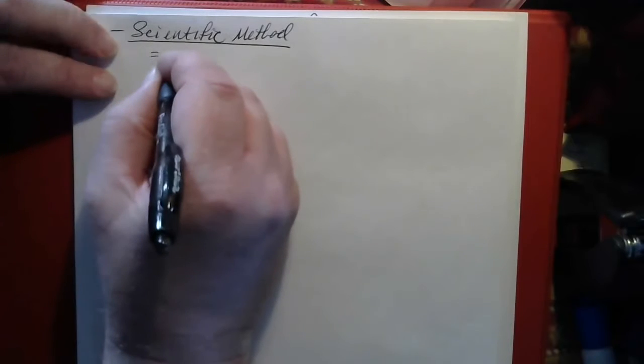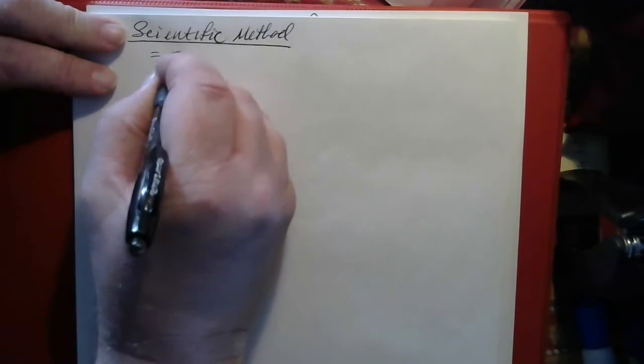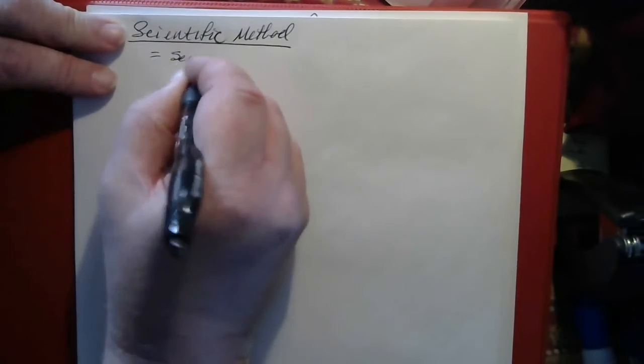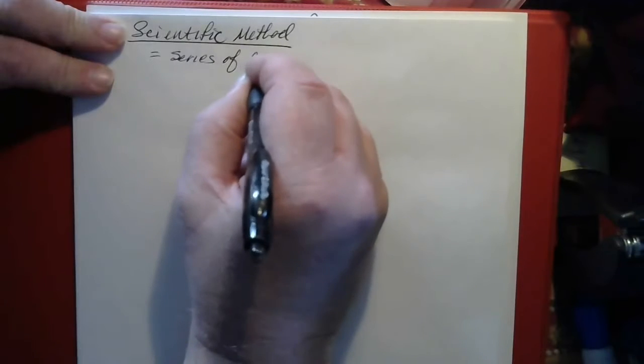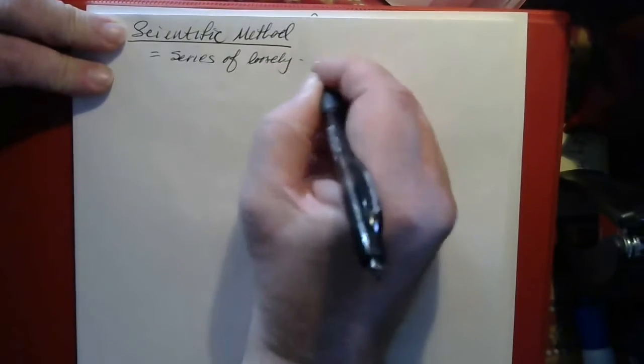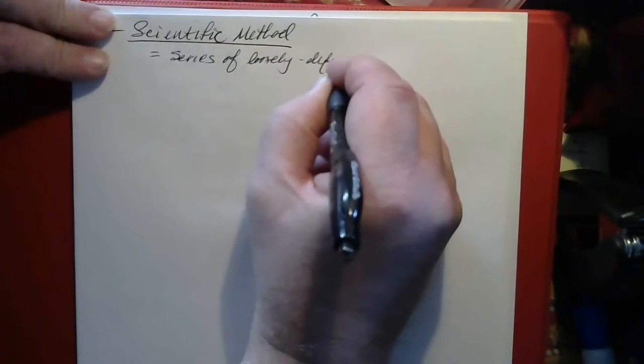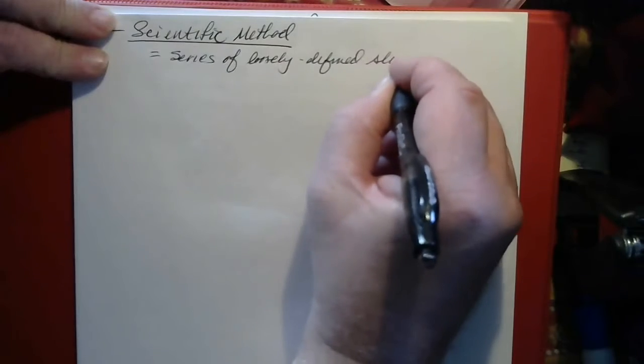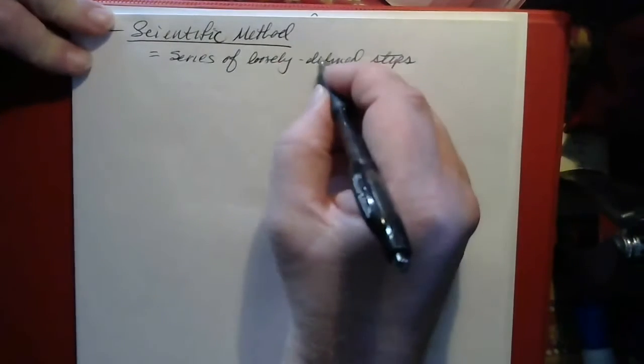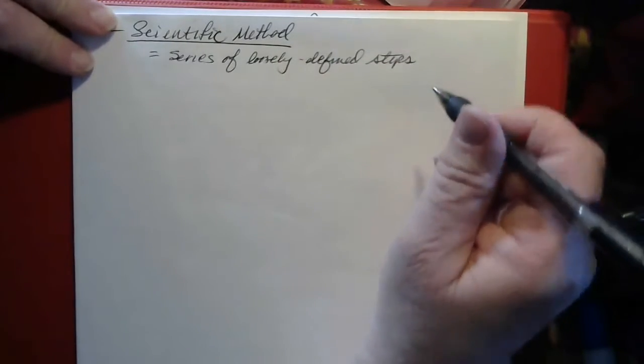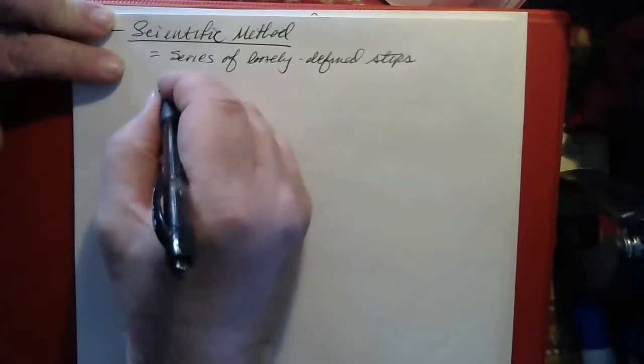We can define the scientific method as kind of a series of loosely defined steps.